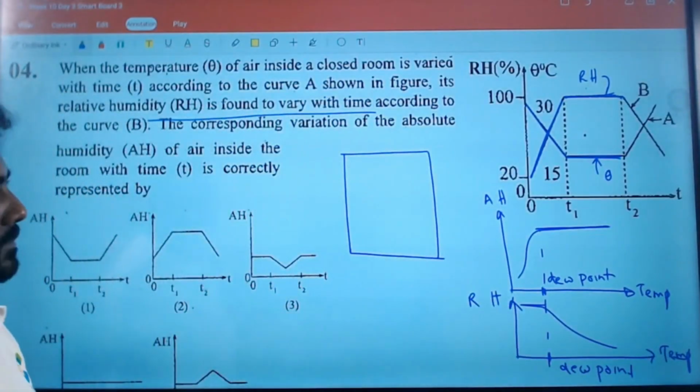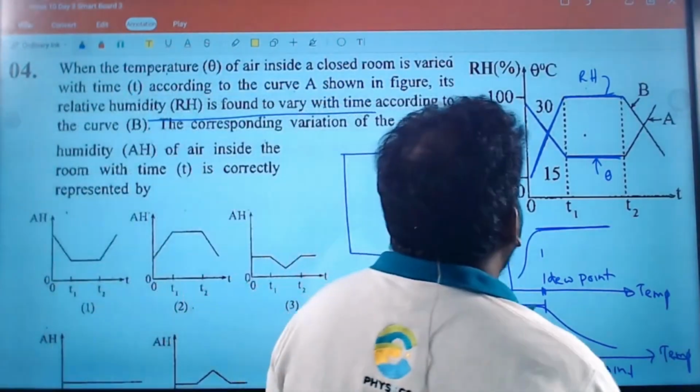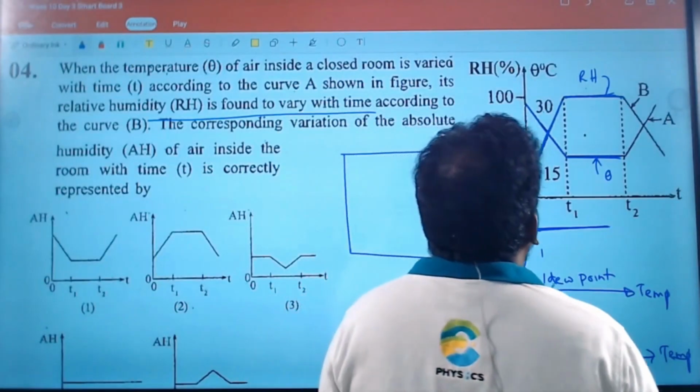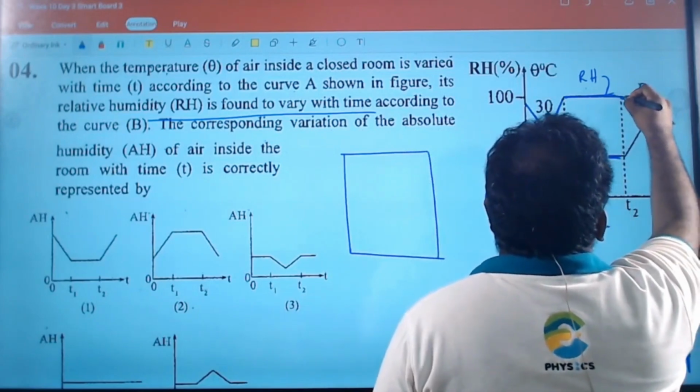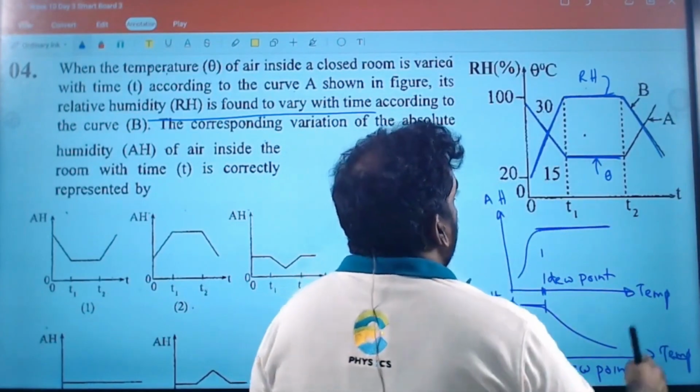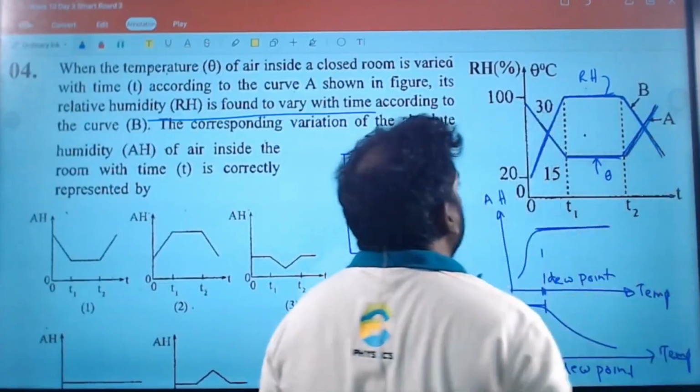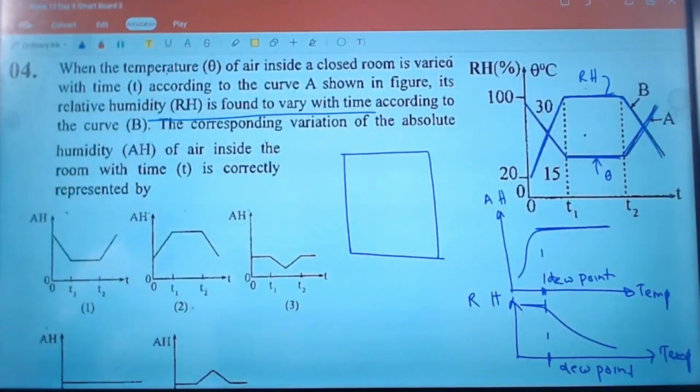Here RH reduces, temperature increases. So the rules are correct.